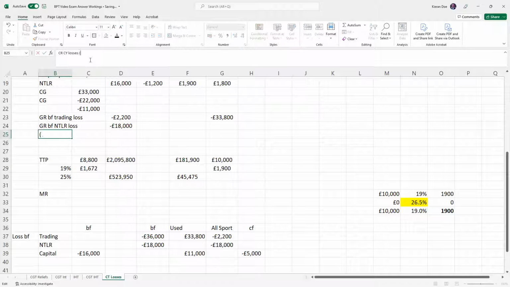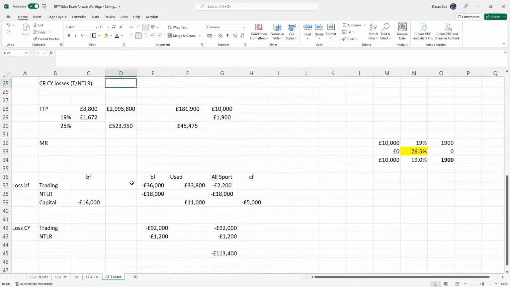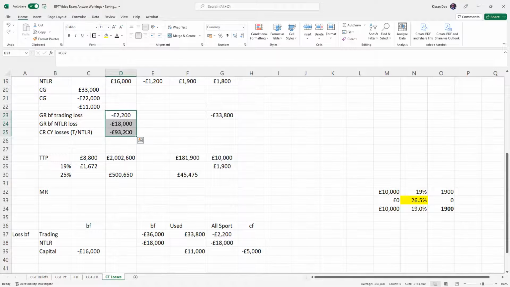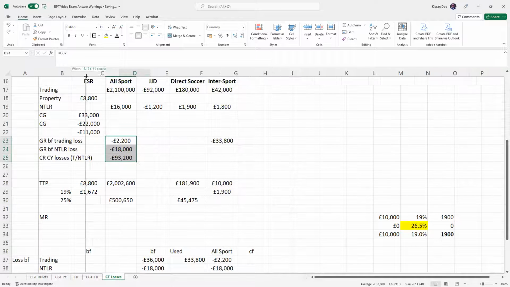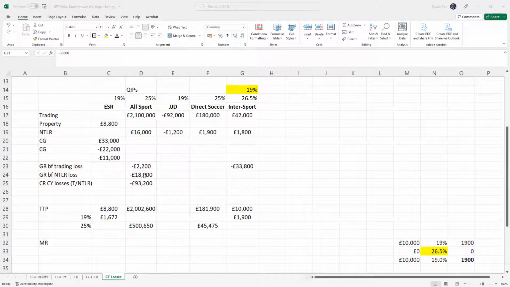You could put trading and NTLR, just put them in as a single line there. But we've said, yeah, this and this, and you could just check the total going to All Sport, the 113,400 there.